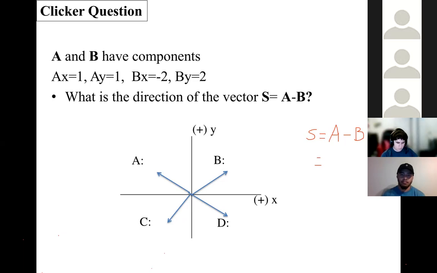Okay, all right, let's go ahead and end this and let's take a look. All right, so here is what the answer distribution looks like. Looks like we have a big agreement on the choice D, right?